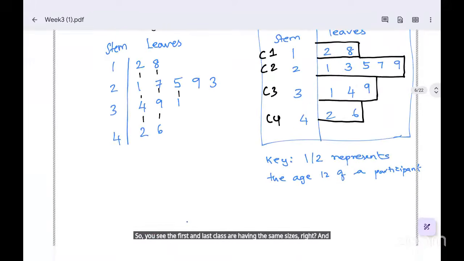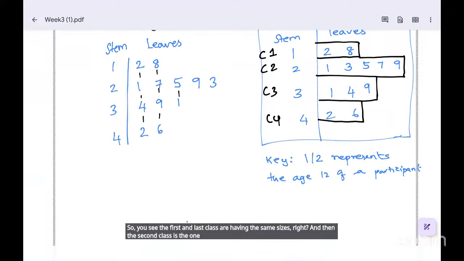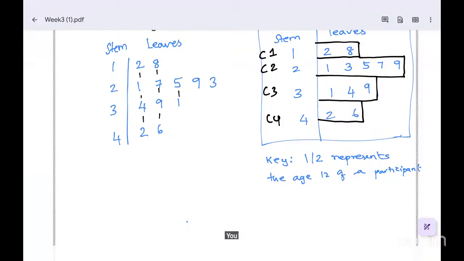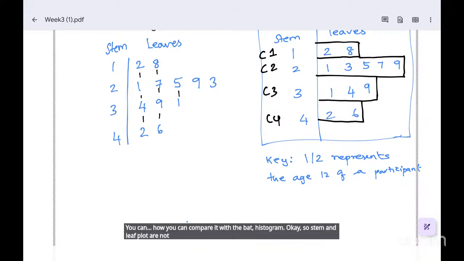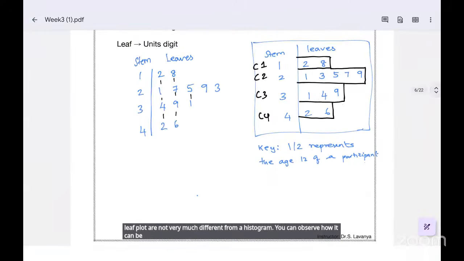And then the second class is the one having the highest length. And the third class is a bit higher than the first and fourth. So this is how you can compare it with the bar histogram. Stem and leaf plots are not very different from a histogram. You can observe how it can be related to a histogram.